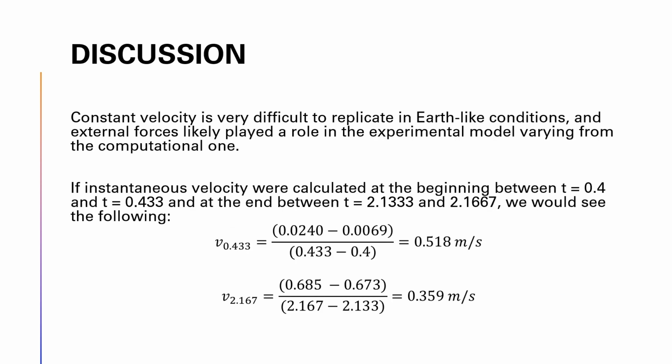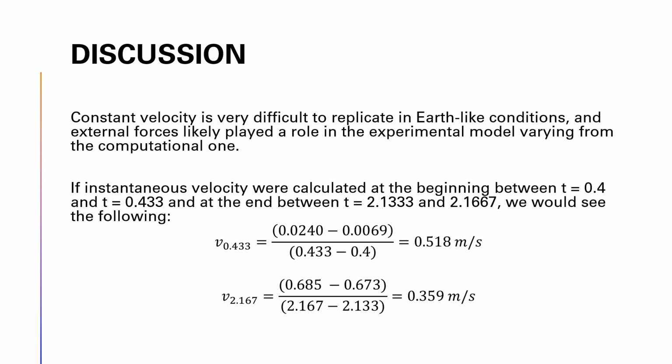So let's discuss this. Constant velocity is very difficult to replicate in Earth-like conditions. We have gravity, we have friction here, and external forces likely played a role in the experimental model varying from the computational one. Now, I decided to take instantaneous velocity at the beginning and at the end of the model. So v of 0.433 would be the first and second time points, and then v of 2.167, the instantaneous velocity at the end, would be the last two time points.